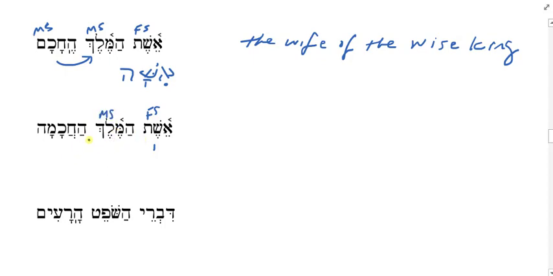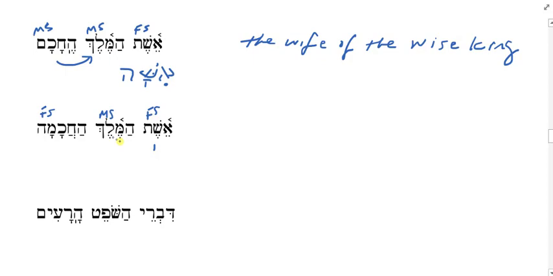Good. And then I have this adjective over here, and it's hakama. Just looking at the ending, you tell me, is that masculine singular or feminine singular? Feminine singular. Excellent. Now, this is not hokmah. Hokmah means what? Hokmah. It's a noun. Wisdom. Hakam is the adjective, and it means wise. Hakama is the feminine singular adjective. It means wise. All right?